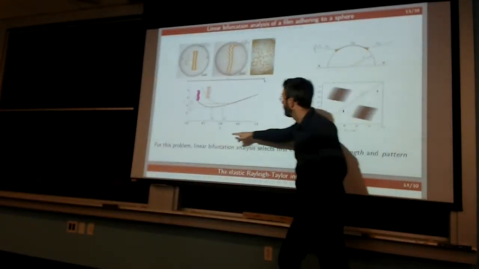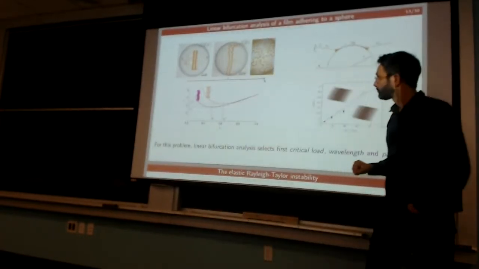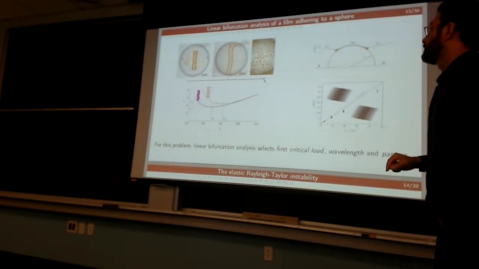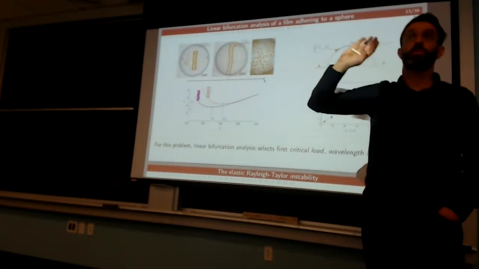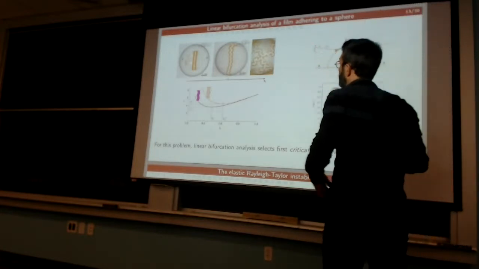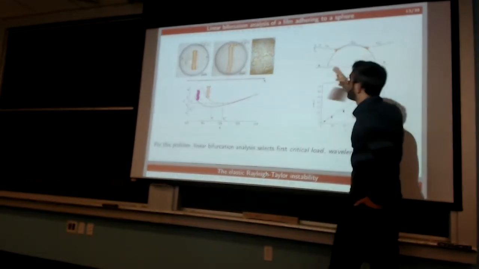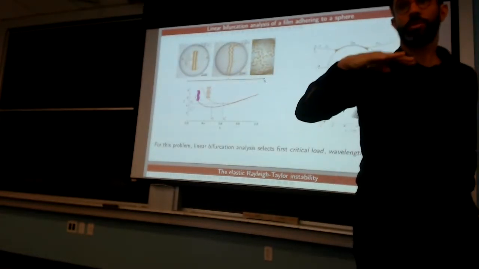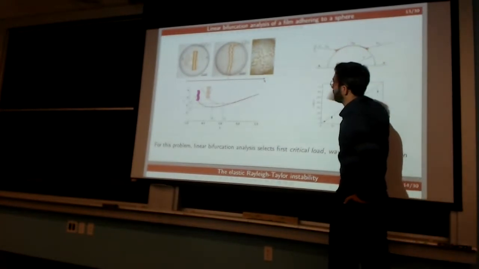So this k is the periodicity in this direction. Now it's a left-right symmetric problem, and for these types of problems, you need to consider perturbations that are either mirror symmetric or skew symmetric with respect to the vertical axis.